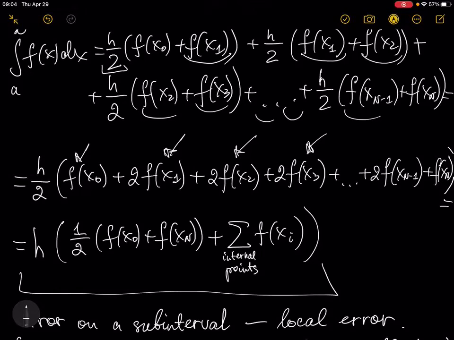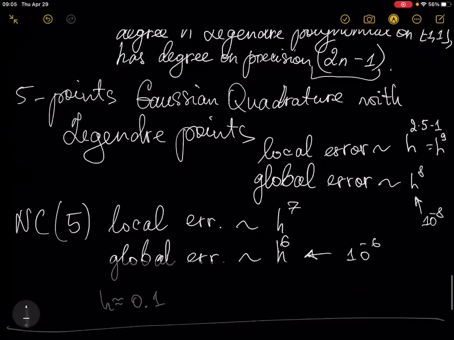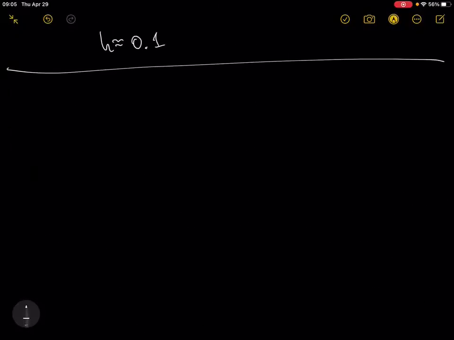So as a result, what the Gaussian quadrature method does is allow you to get higher order accuracy without changing the number of evaluations of your functions. Okay, I will stop here talking about quadratures, numerical quadratures.